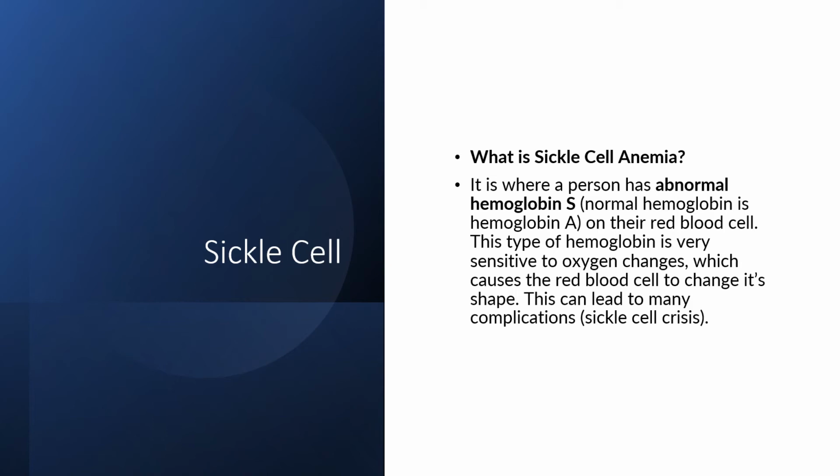We're seeing an S. This type of hemoglobin is very sensitive to oxygen changes, which causes the red blood cells to change shape. So the body is trying to maintain its homeostasis, it's looking for that oxygen, so it changes its shape just to get that oxygen. This then results in a complication called sickling, and then you end up with a sickle cell crisis.